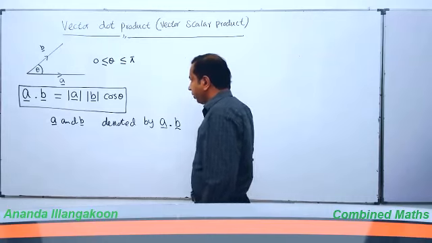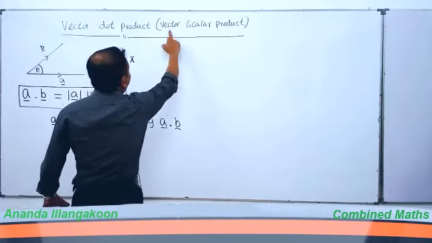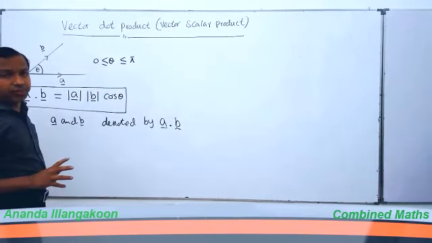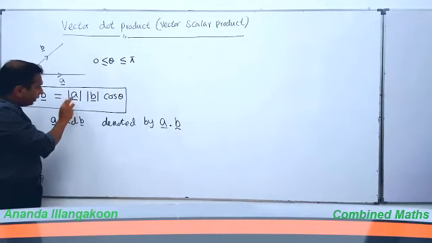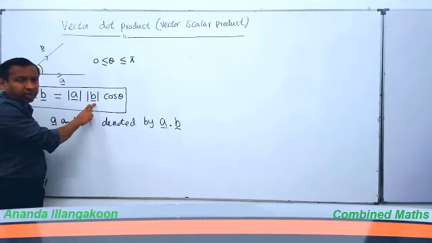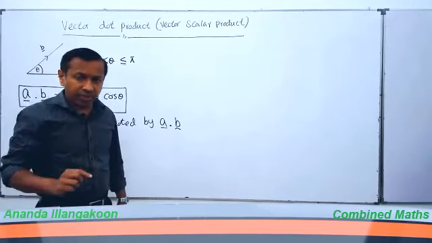Right. This is known as the scalar product because of this reason. The right hand side is a real number, a scalar, that can lie between +1 and -1.